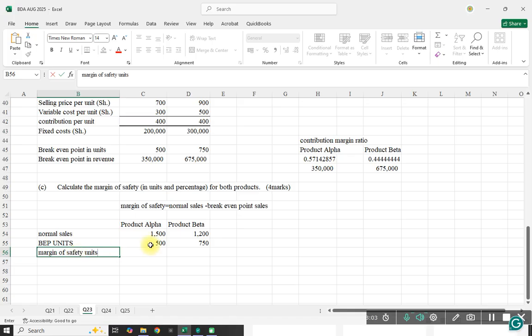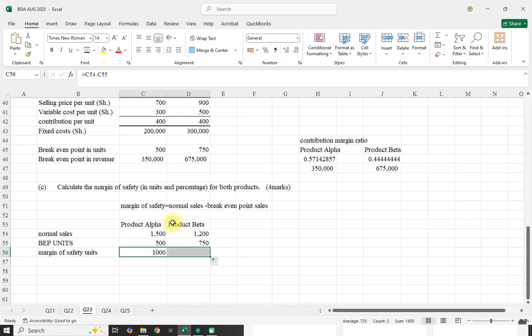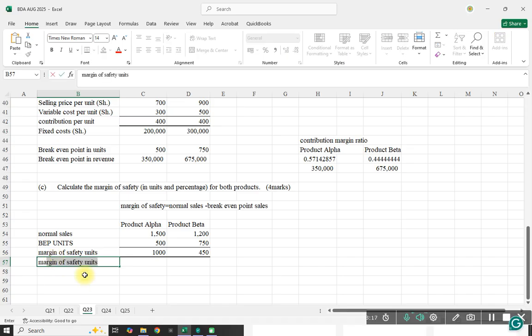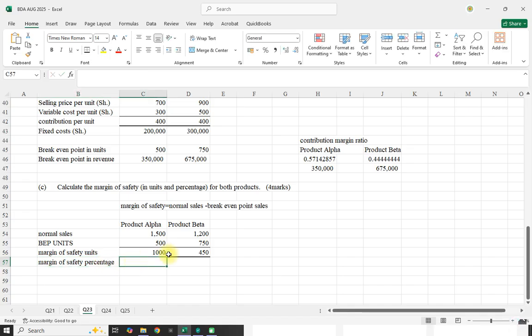So our margin of safety in units will be the difference between the two, 1,000 and 450. Then the margin of safety percentage is normally a percentage of normal sales.